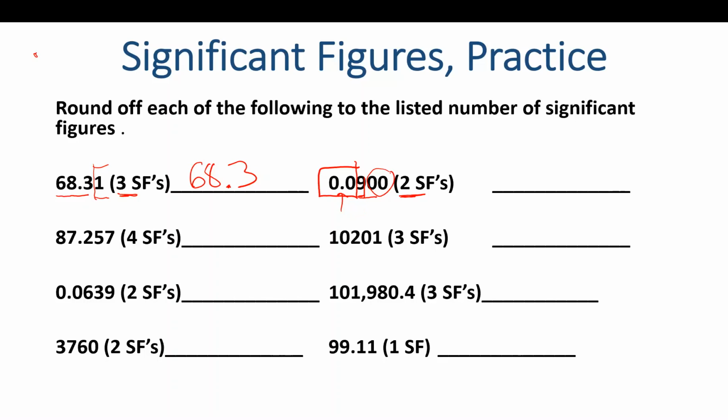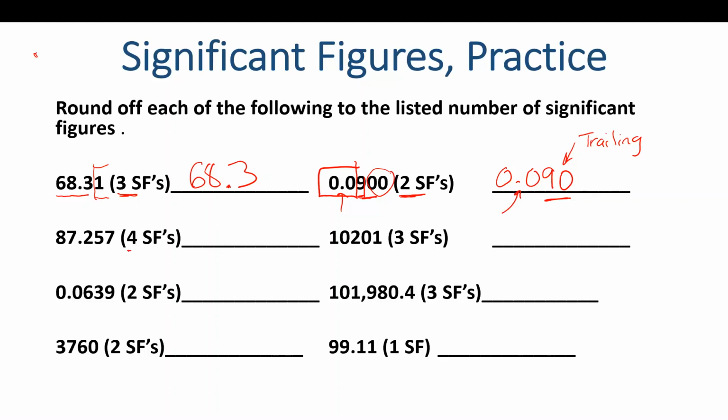Why? Because there's a decimal point. So I only need one of them, though, because I have the 9. So to have 2 sig figs, I would write 0.090. And the 2 sig figs are the 9 and this trailing 0. And that trailing 0 counts because of that decimal point right there.